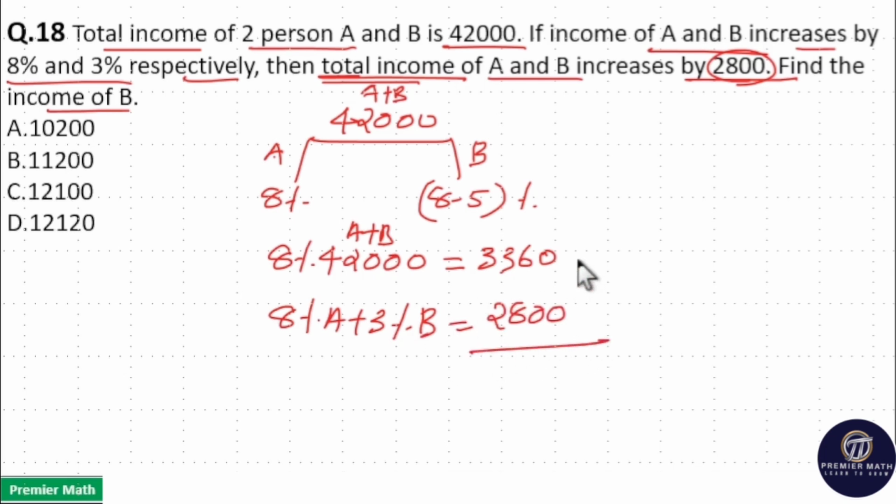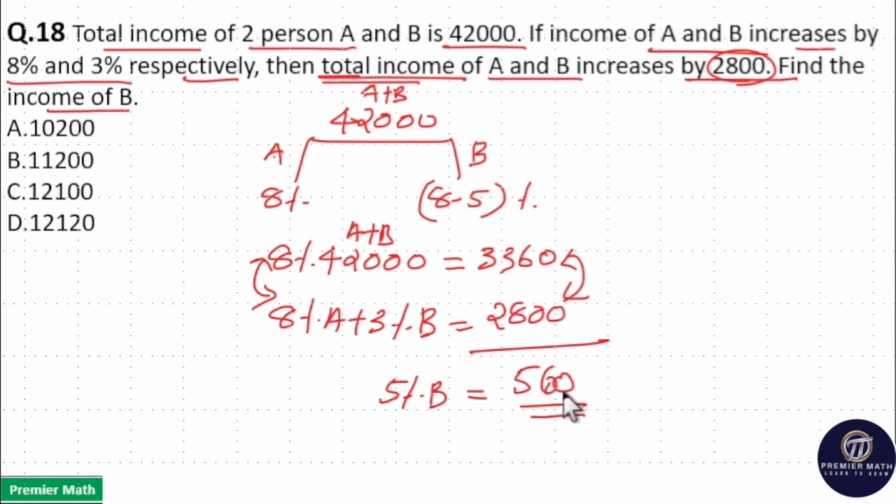Now if you take the difference from this, you will get 5% of B. Because here this is 8% of A plus 8% of B, and here this is 8% of A plus 3% of B. Now 8% of A cancels, remaining 8 minus 3, 5% of B, which is equal to 3360 minus 2800.